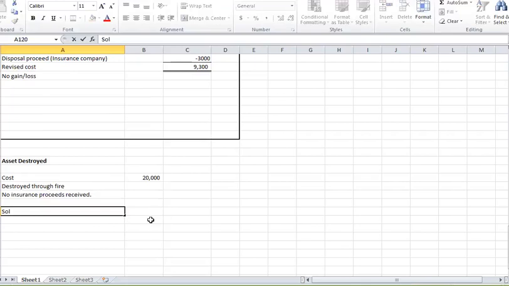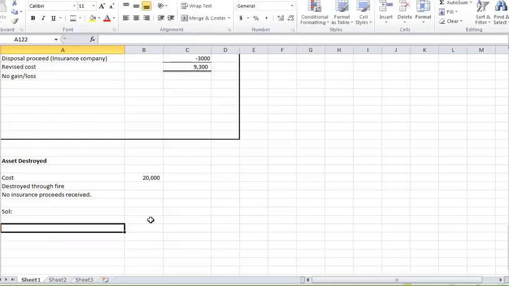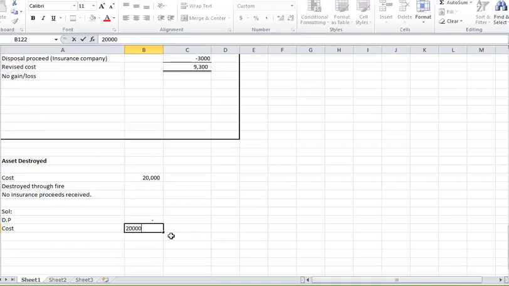So students, what are the tax implications? You will simply write down disposal proceeds. Your disposal proceeds in this situation are zero. You will deduct your cost, and your cost is £20,000. It means you have a 100% loss.